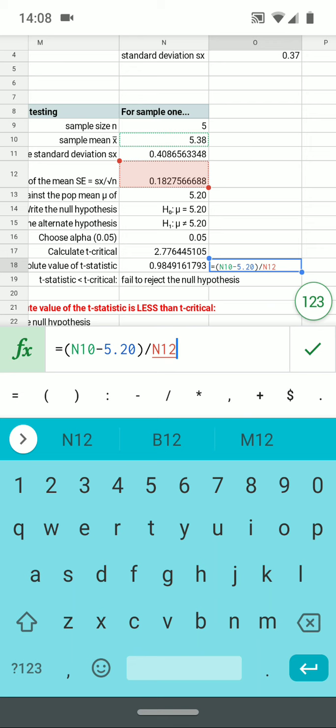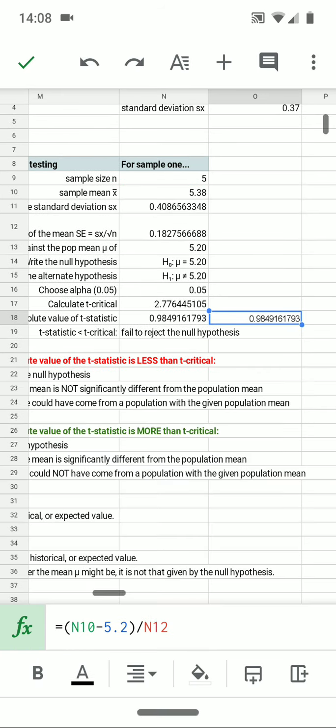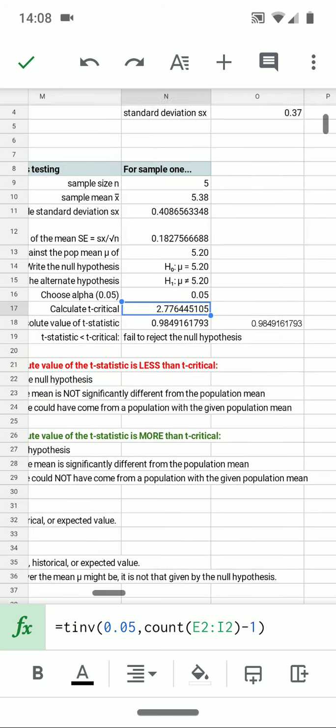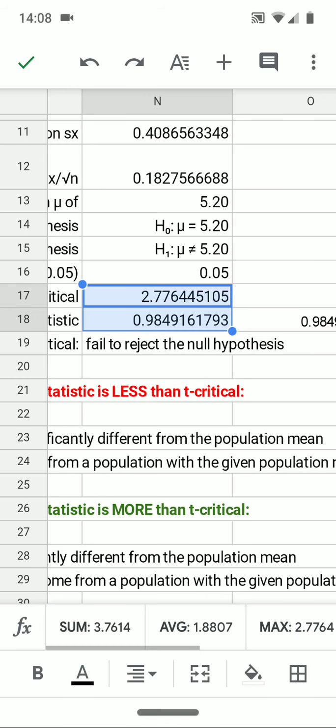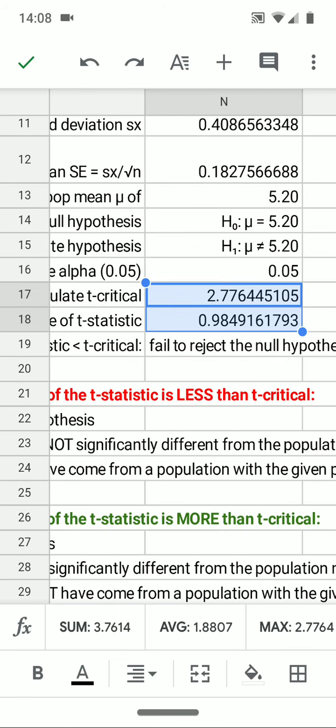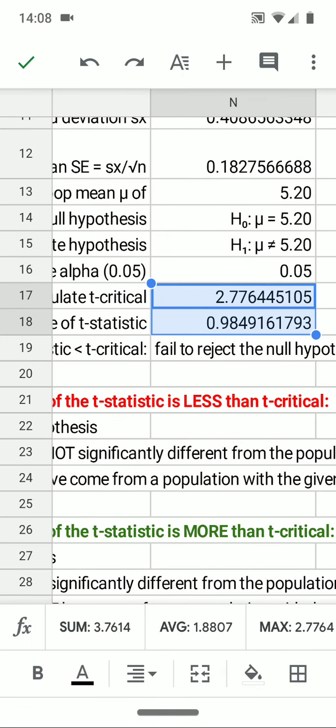If you don't have it, you can of course get it from the standard deviation and the sample size, and substitute those into the formula. We get 0.98. It's these two numbers, the t-critical and the t-statistic, that become the focus of our hypothesis test at this point.